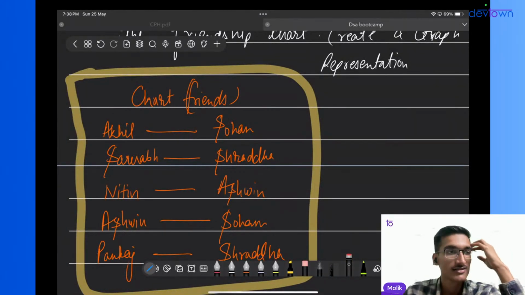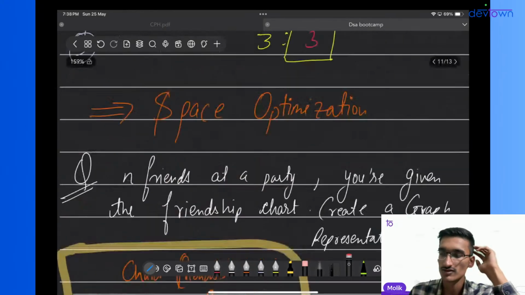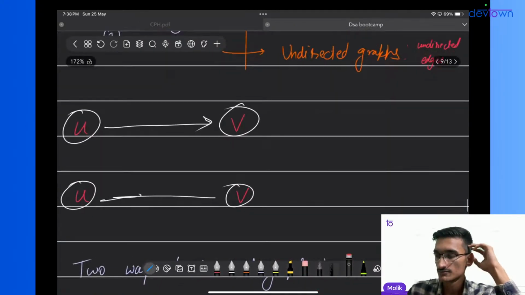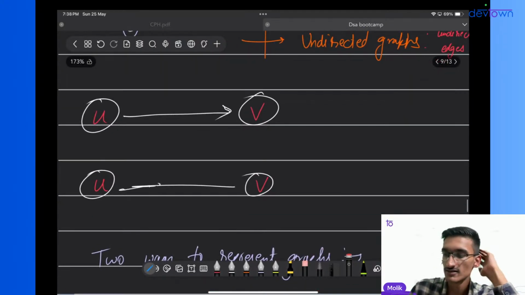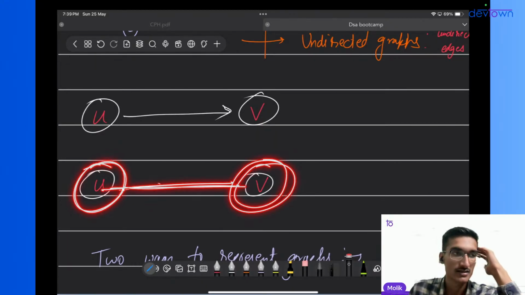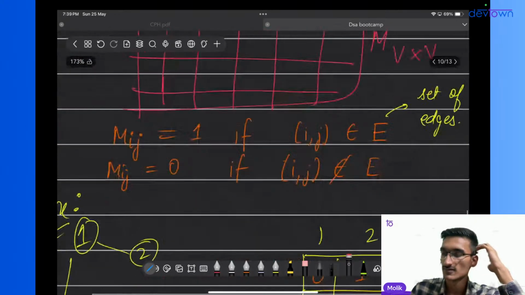Just tell me what will be the vertices. What was the definition? Graph is basically used to represent entities via a relation, right? So tell me what will be the entities and what will be this relation in this problem.